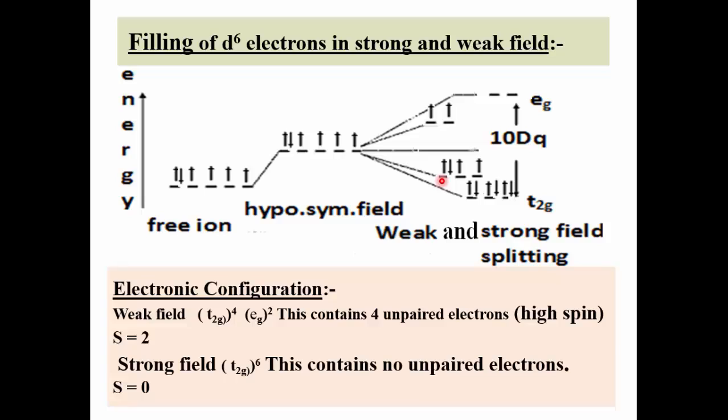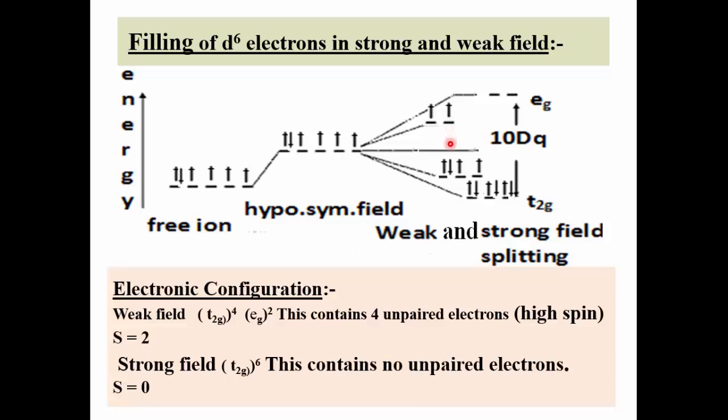this way. So first electron goes into T2g orbital, second goes into T2g orbital, third electron goes into T2g orbital. Now as this 10 Dq value is smaller, fourth electron easily enters into first Eg orbital. Then this is fifth electron, which also enters into second Eg orbital.